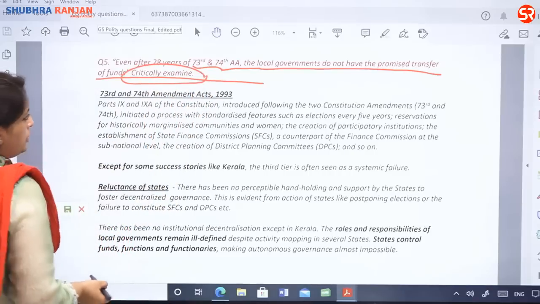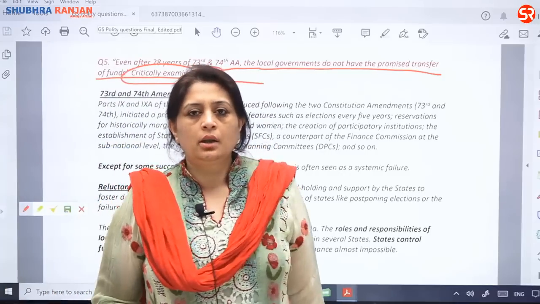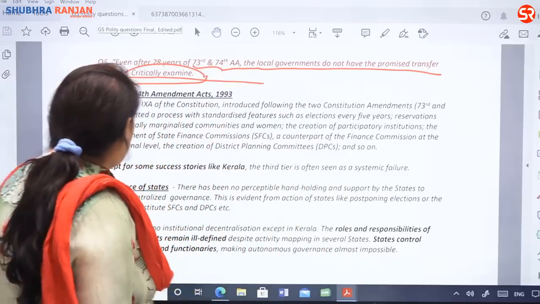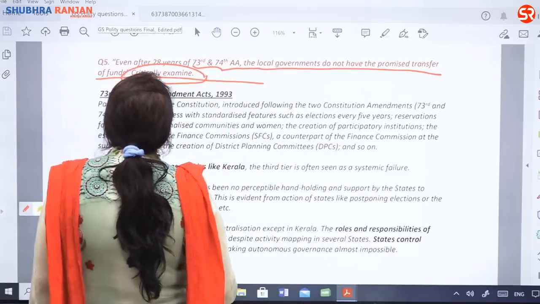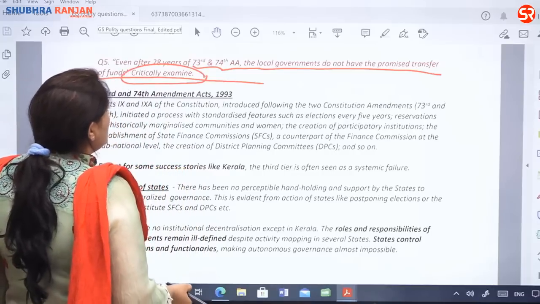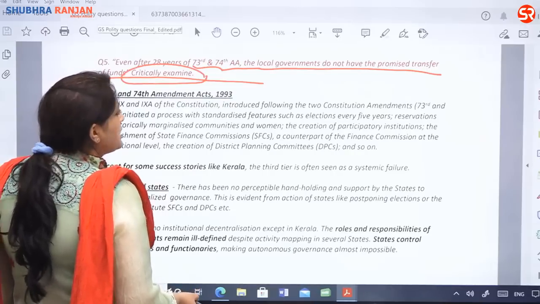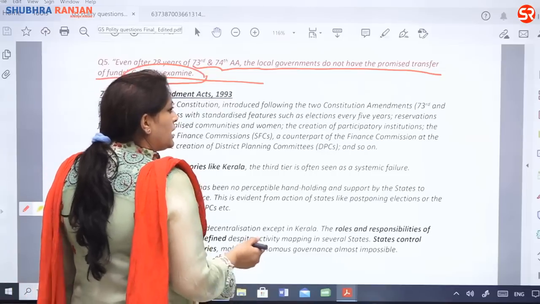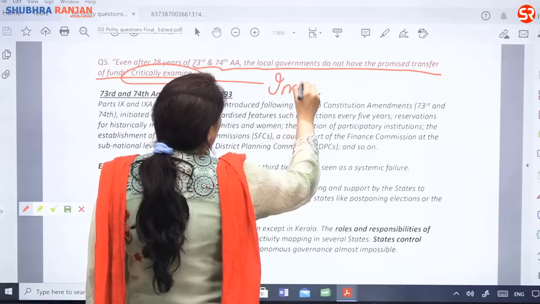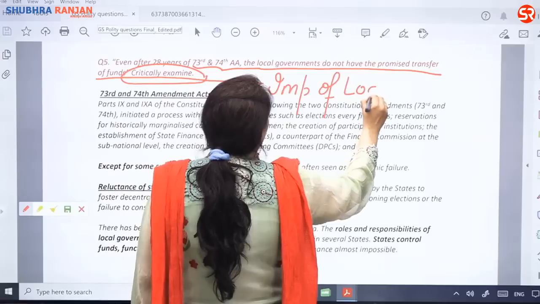So first of all, there will always be a possibility of a question on Panchayati Raj. So even after 28 years of the 73rd and 74th Amendment Act, the local governments do not have the promised transfer of funds. So the answer should be, first of all, write the importance of local government.